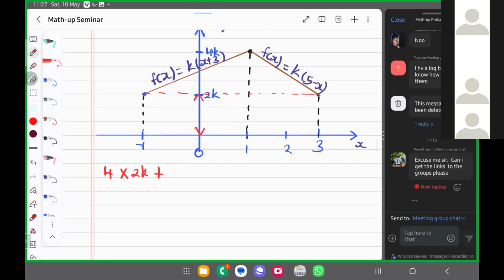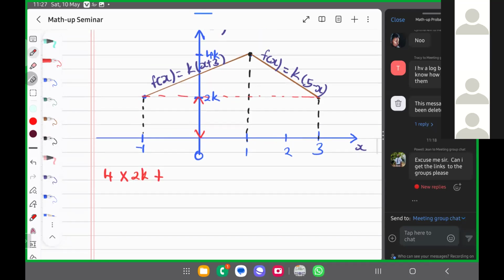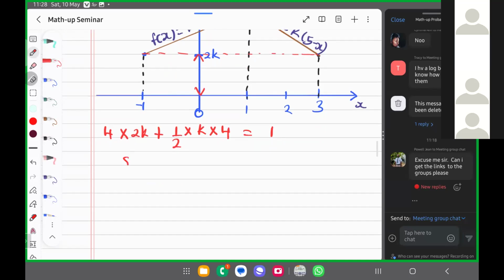Then the area of the triangle: the height is the difference between 4k and 2k, which is k. So a half times the height, which is the k, times the base, which is still 4. Then I will equate that to 1. So 4 times 2k gives me 8k.